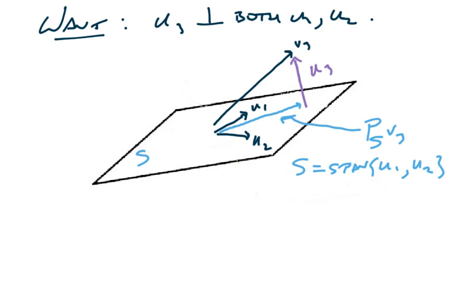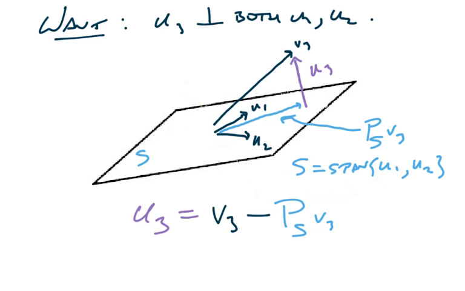All right, so we want to know the formula for this projection vector, because then u3 will just be the original v3 minus the projection of v3 onto the subspace, the plane spanned by u1 and u2.